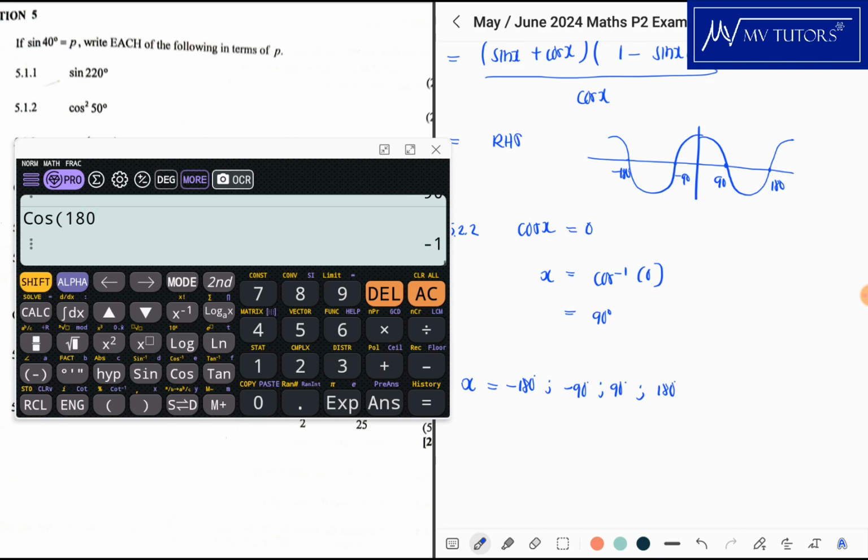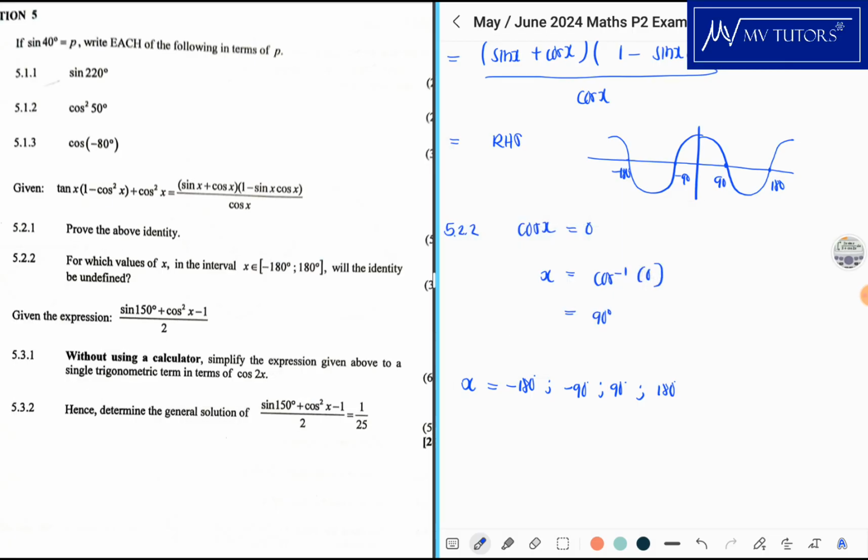Oh my goodness. It's not 180, it's 270. Oh my word. Okay, let me just correct myself over here. My goodness. Let's see, it's always good to check. So this is 90, that is 180. This is 270, and that is 360. Sorry guys. So it's negative 270, and then positive 270.